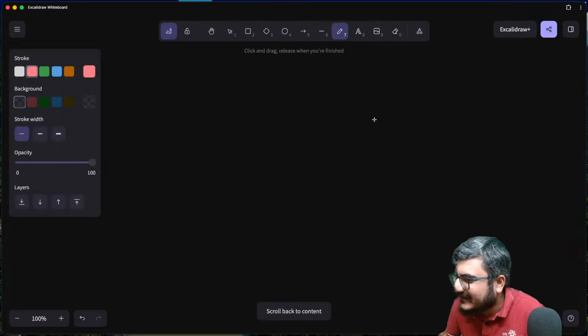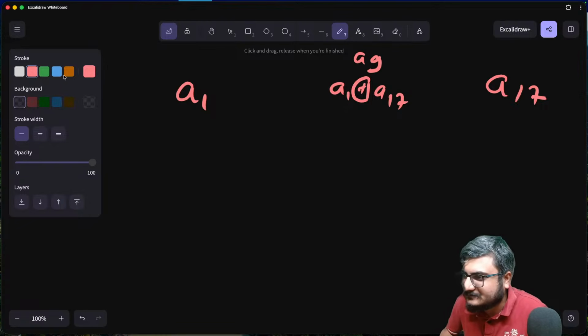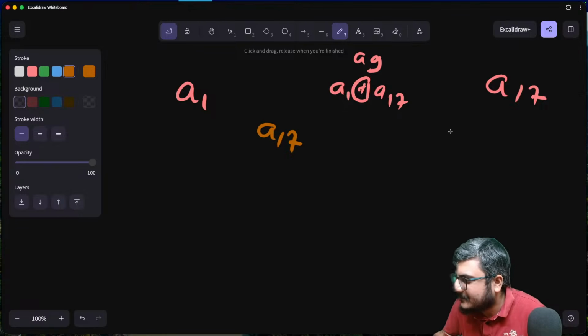I was doing a DP there, but let's say you have A1, A17, and this is A1 XOR A17, which is your element. Then you again end up here. This number would actually become A17. This number would actually become A1.